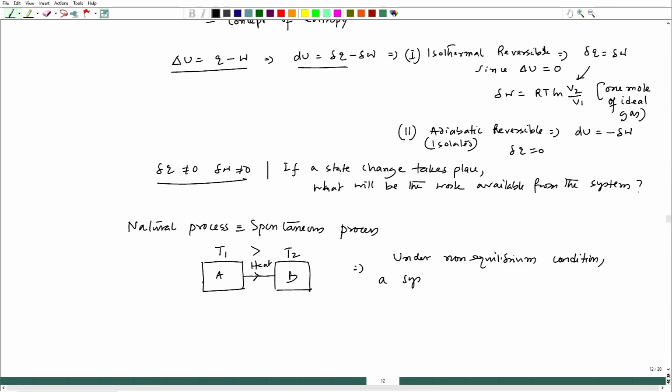If our system is left to itself, it tries to achieve another state of rest or equilibrium.